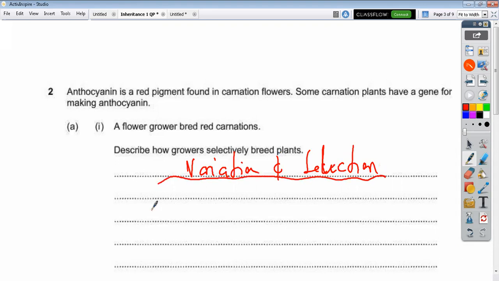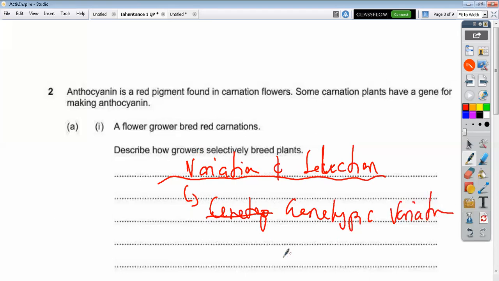Now, under variation here, we have genotypic variation and phenotypic variation.